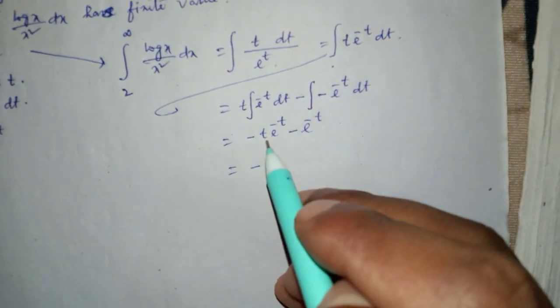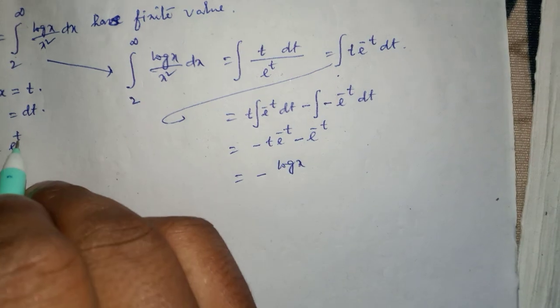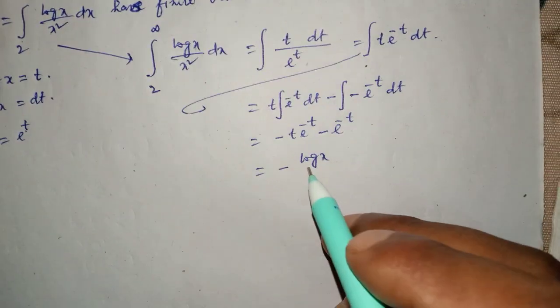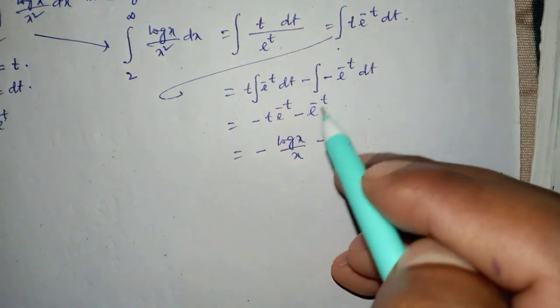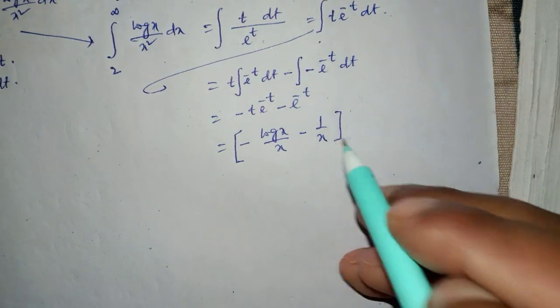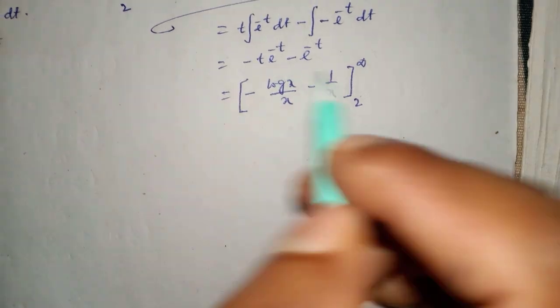Minus t means log x, e to the power minus t means x inverse, so minus log x by x minus 1 by x, from 2 to infinity.